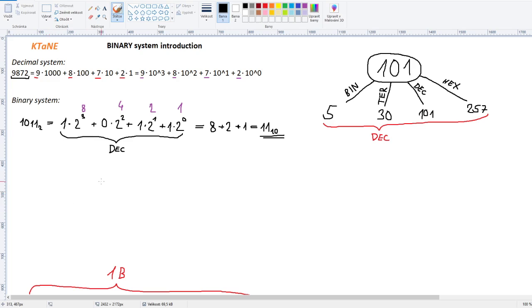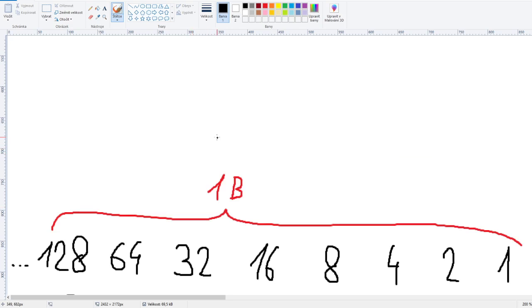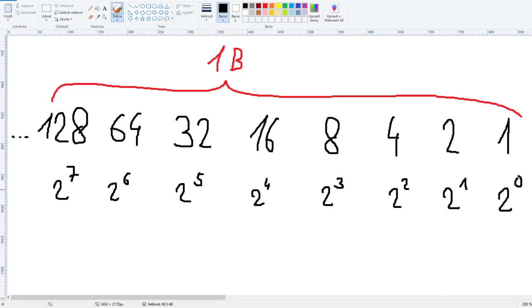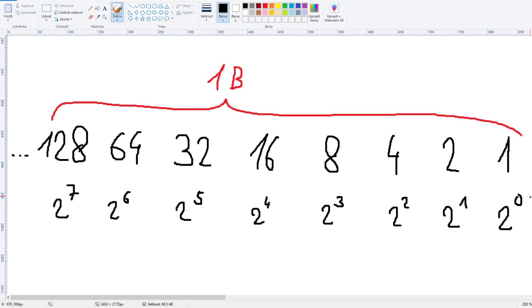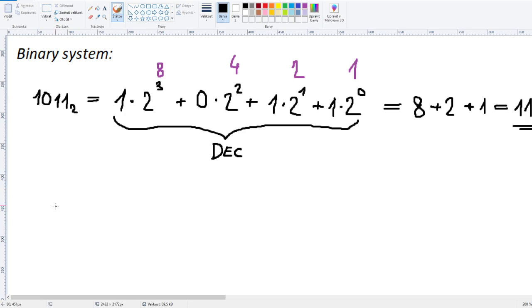So let's, how do you convert the other way? Well, I have some powers of 2 here written. We have to do the same thing, however, the other way, which means let's just write an example.